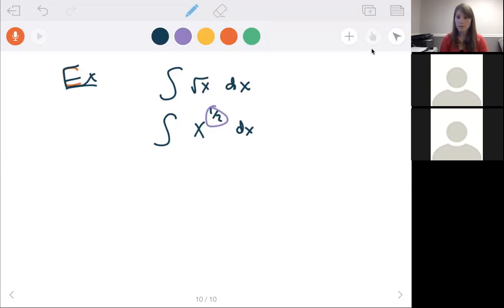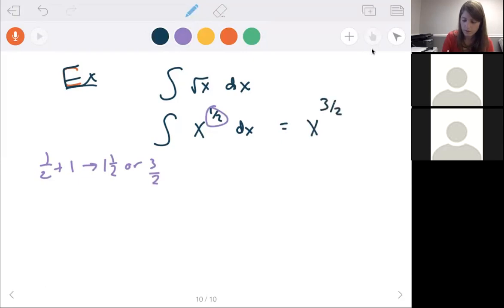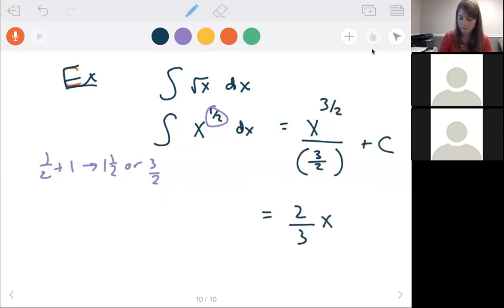So think about what we did in the other ones. Add 1. If we add 1 in this case, our new power is 1/2 plus 1, or 3/2. Usually we'll prefer the fraction in this case. But then you always divide by that new power. This looks awkward, but dividing by 3/2 is the same thing as multiplying by 2/3.